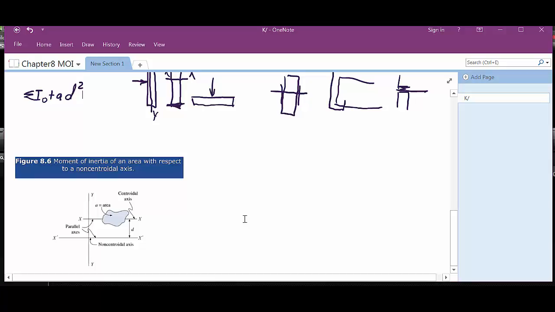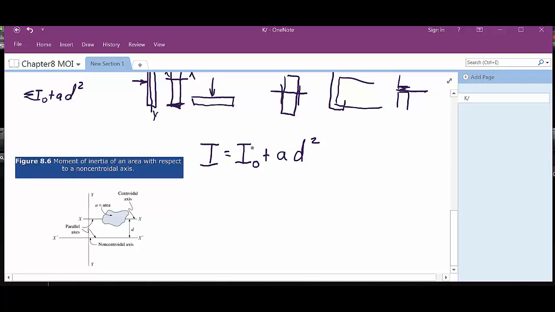So the transfer method talks about, and they show this equation, I think it's equation 8.3. The moment of inertia is equal to the moment of inertia of the individual piece plus an area of that and a d squared.